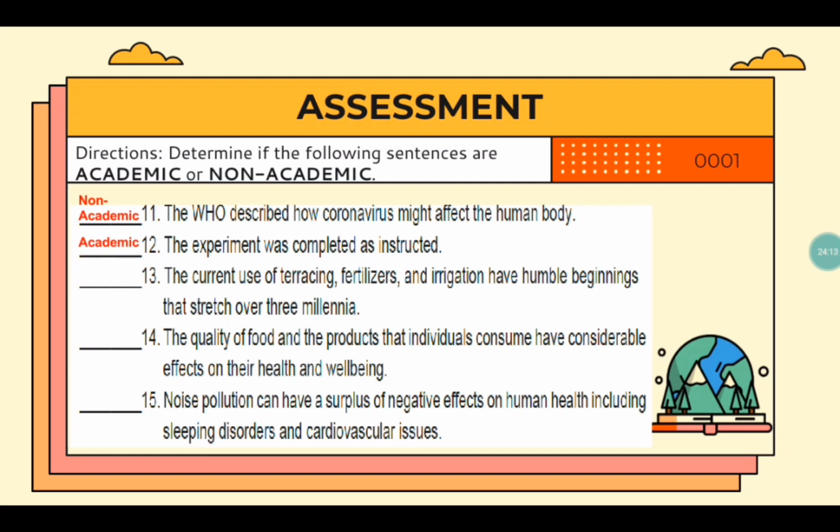Okay, this is academic. Number 13, the current use of terracing, fertilizers, and irrigation have humble beginnings that stretch over 3 millennia. This is academic. Number 14, the quality of food and products that individuals consume have considerable effects on their health and well-being.